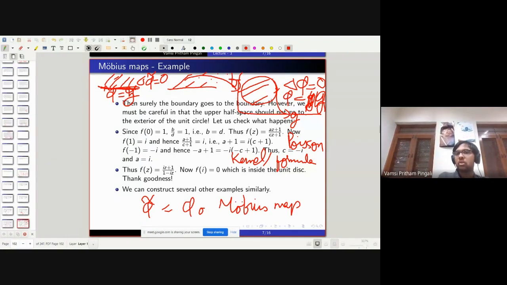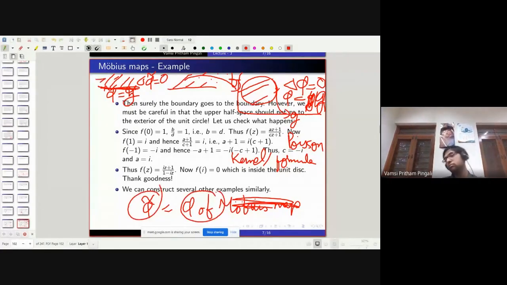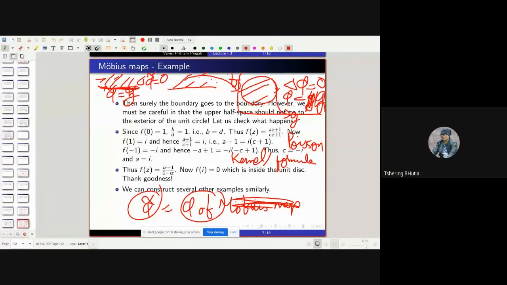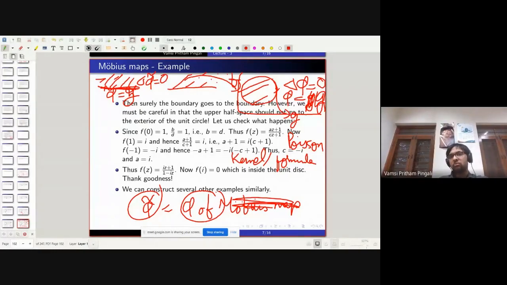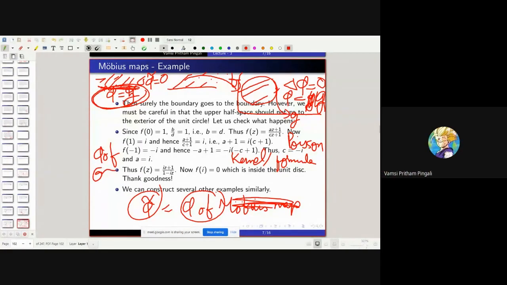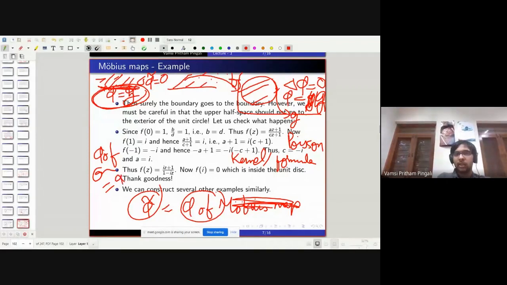So just take phi composed with f. That will be the solution here. I'm lying a little bit because when I say this and this, I mean, yeah, that has to be.